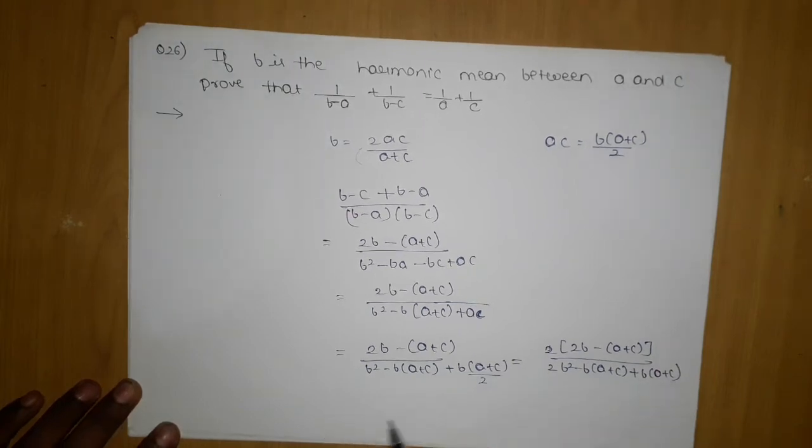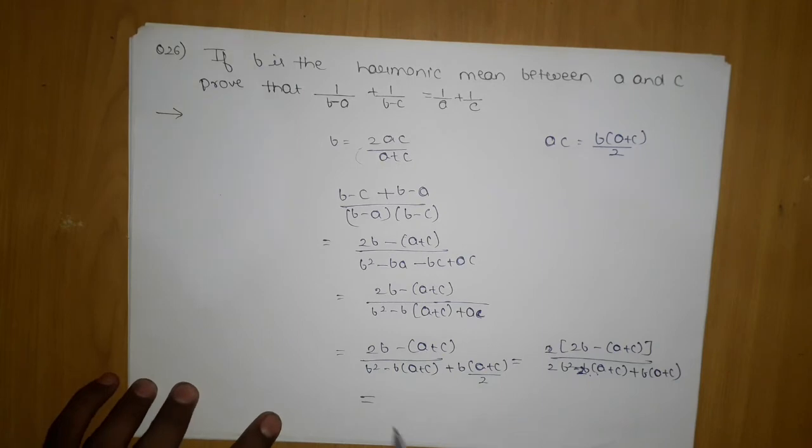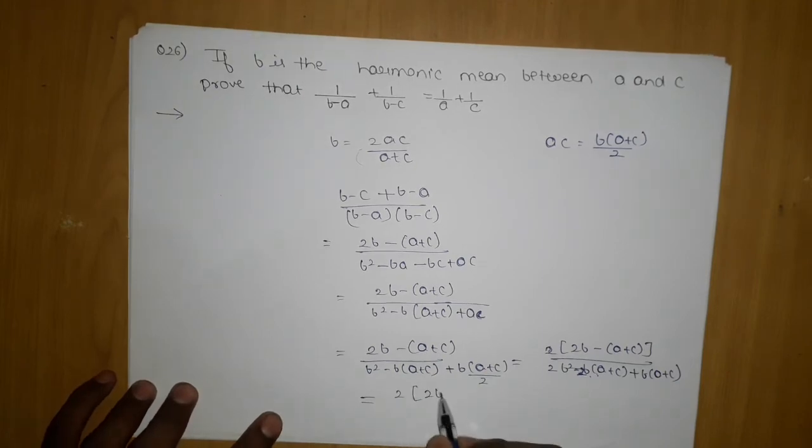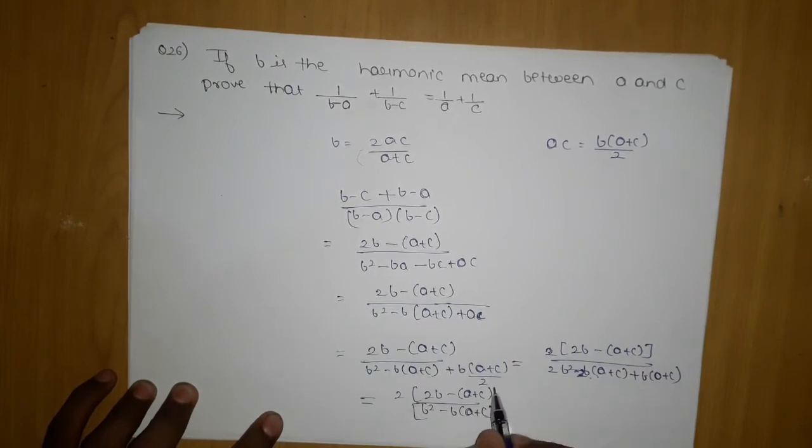After this, you can see this and this will cancel out, only one will be left, this will be minus 2. Minus b into (a plus c) will be left. So 2 into (2b minus (a plus c)). Here we are left with b square minus b(a plus c), right?